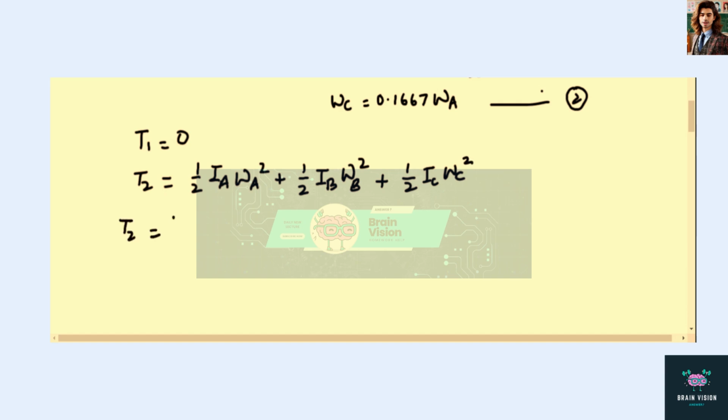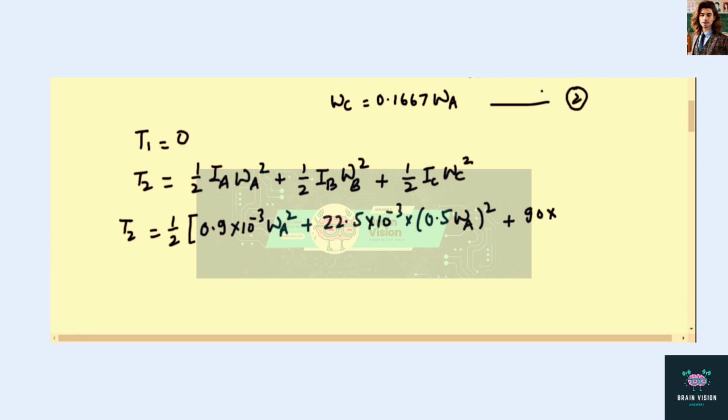Substituting the values, taking half common: moment of inertia of A is 0.9 into 10 to the power minus 3, plus moment of inertia of B, 22.5 into 10 to the power minus 3, with omega B as 0.5 times omega A, plus IC, 90 into 10 to the power minus 3, with the angular velocity of C from equation 2.